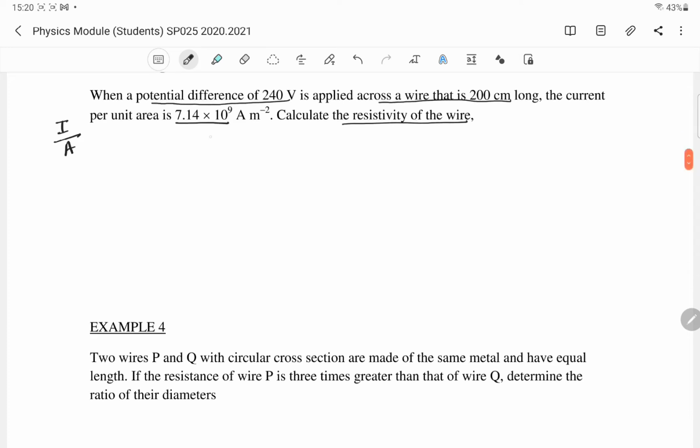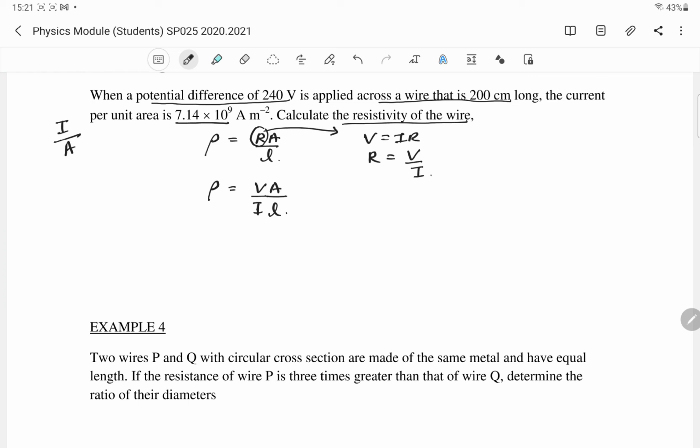Okay, so we have rho is equal to RA over L. Dia nak cari resistivity of the wire given the current per unit area. Daripada sini R kita tahu V is equal to IR, so R equal to V over I. So rho equal to V over I times area, over length.